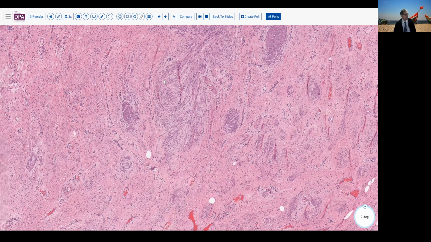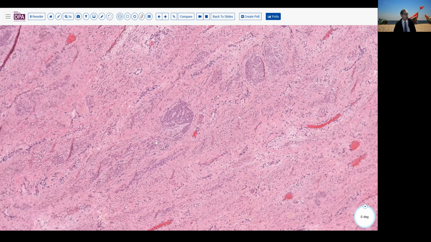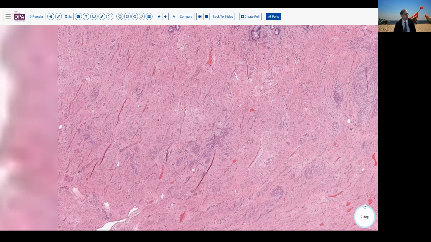As you can see, these are more deeply seated, along with other more organized structures. So a little bit of that type of muscle here is perhaps not unexpected, perhaps related slightly to the myometrium.